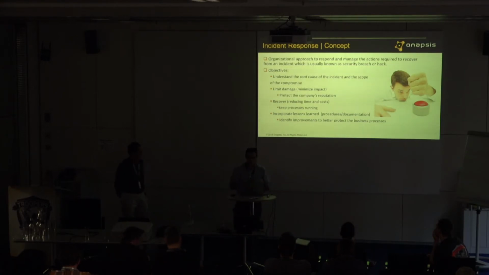Basically, we need to identify the root cause of the incident. What happened? This is related to how we detect it, which we will see in the next slide. Another objective is to limit the damage. Once we know something happened on the system, we want to make sure the impact is restricted and as low as we can make it. And we definitely want to recover from it.